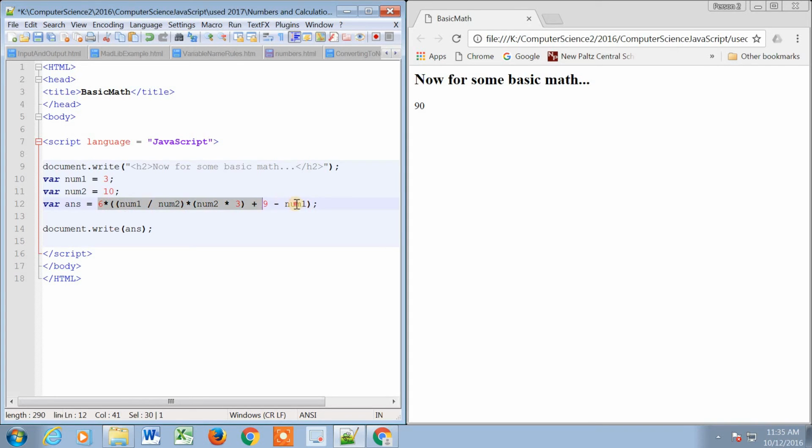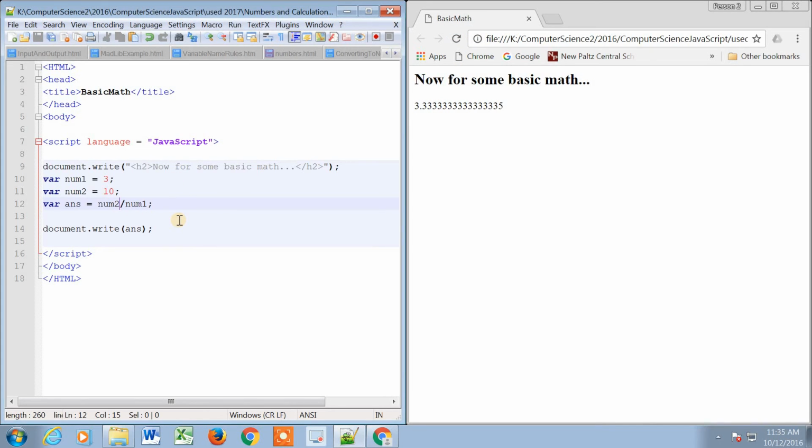So the only other operation I want to talk about is remainder division, sometimes called modulo division. And in JavaScript, you use the percent sign for that. So if I wanted to divide, let's say, num2 by num1, I can do the normal division here, and I get 3.333.